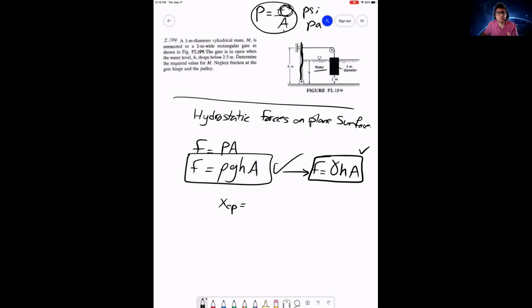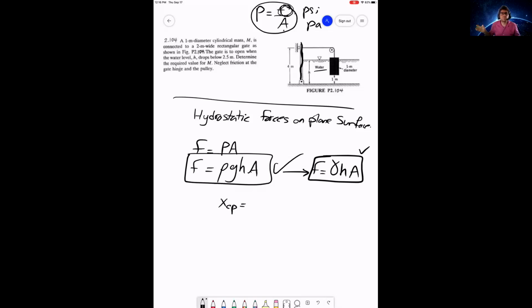CG, in solid mechanics, remember? Yes, center of gravity. Exactly. And why are we interested in center of gravity? Because that's where the forces will be applied.